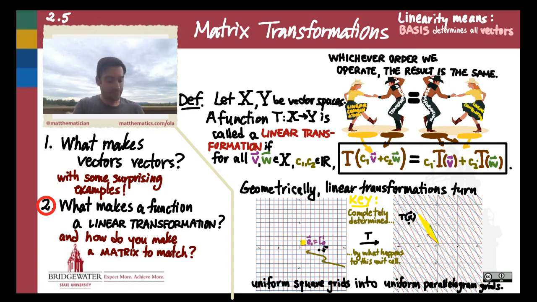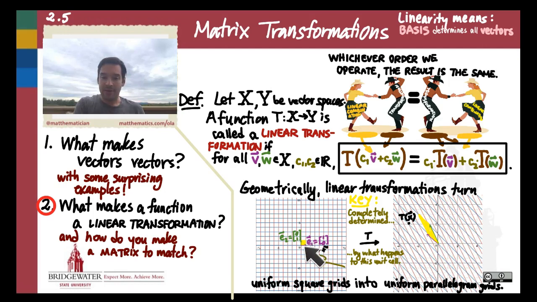Another way to say that is to think of this unit cell as having its sides defined by the vector e1 and the vector e2: the vector (1,0), the horizontal side, and the vector (0,1), the vertical side.